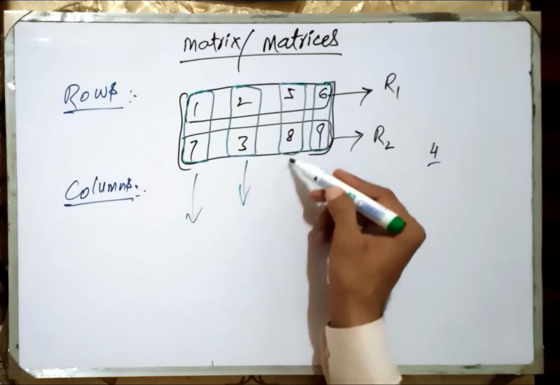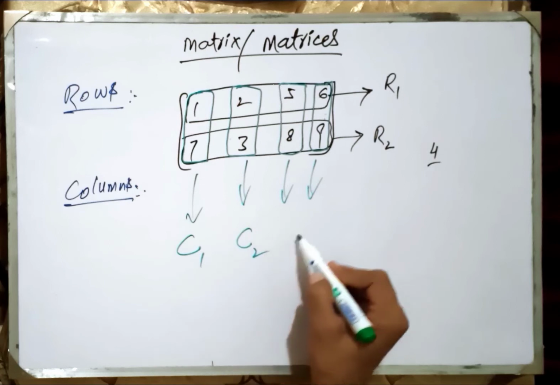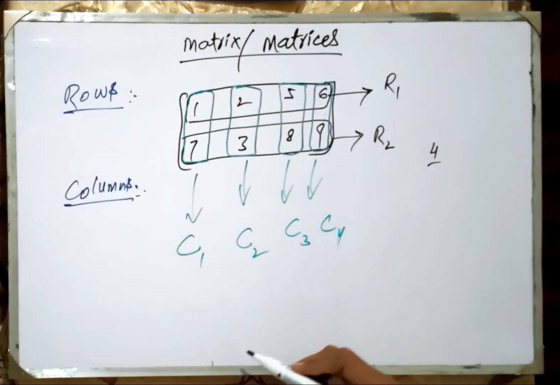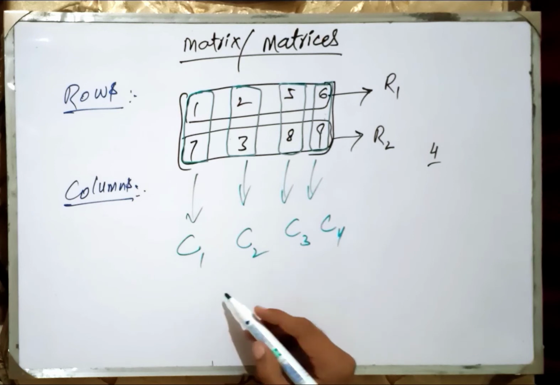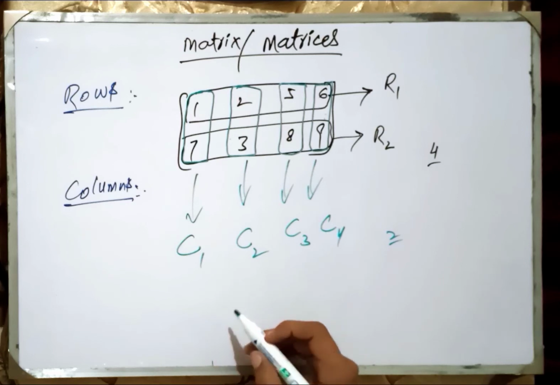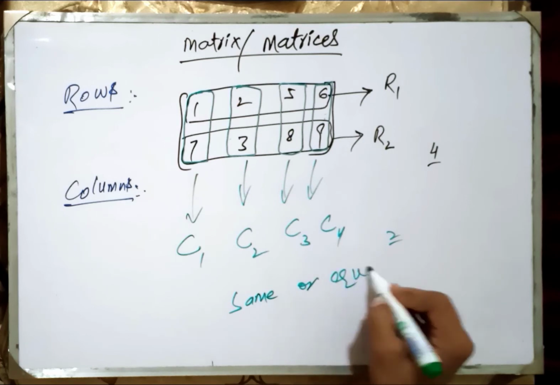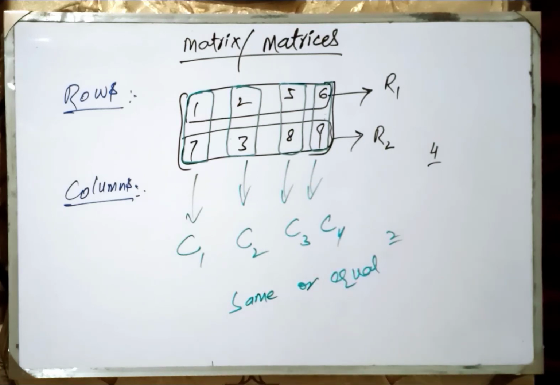Here we have 4 columns named C1, C2, C3, C4. All these columns have two elements, and the number of elements in each column is the same. The number of elements in columns and rows may be different, but in two or three or more rows, the number of elements in rows should be the same, and the number of elements in columns should be the same.